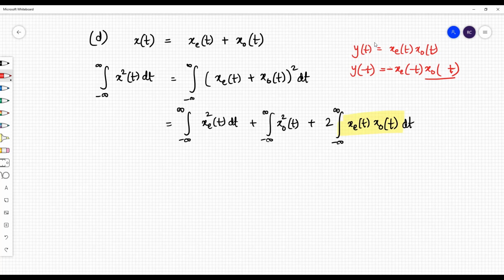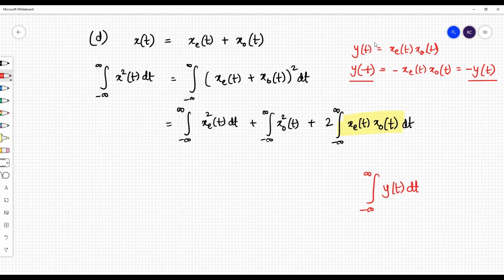And xe of minus t, because xe is an even signal, is the same as xe(t), which is minus of y(t). This shows us that y(t), which is a product of these two signals, is an odd signal, right?